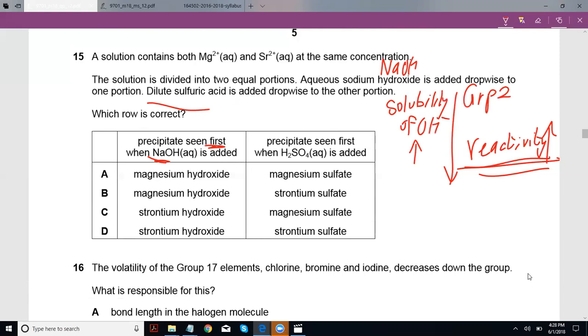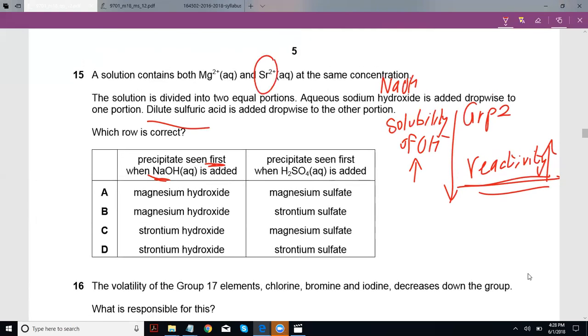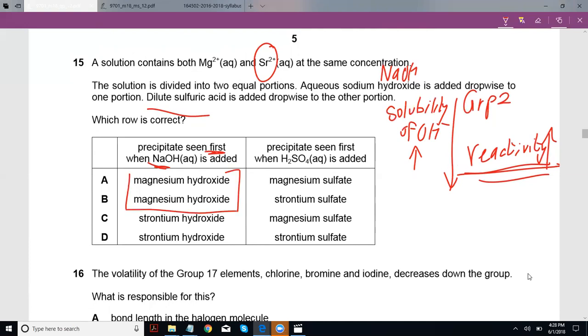So in fact, we could say that strontium hydroxide might be more soluble than magnesium hydroxide, which means that we're more likely to see magnesium hydroxide appear first, right? It easily forms a precipitate, but with strontium hydroxide, you can add hydroxide, it'll still be soluble, and after a particular amount, maybe it will form a little precipitate.